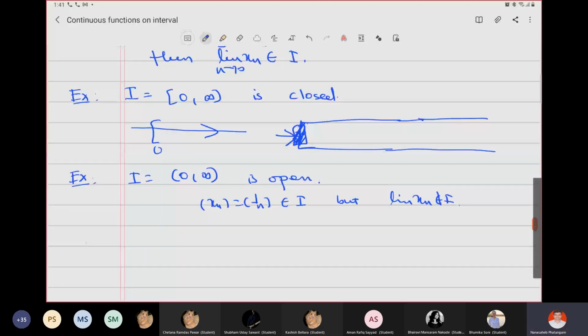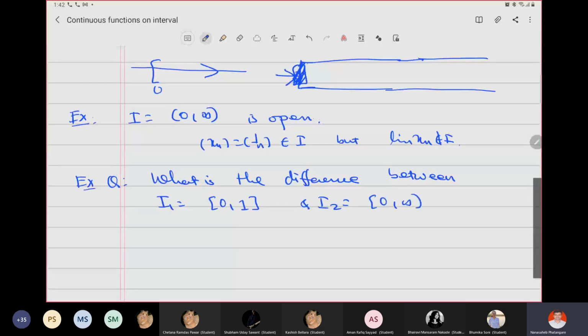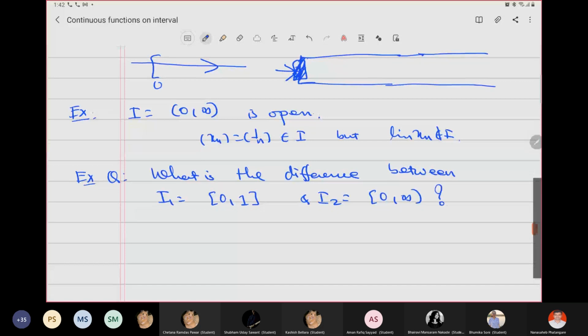Now, the question I would like to ask: what is the difference between I1 is equal to 0 to 1 and I2 is equal to 0 to infinity, and what is the similarity between these two intervals?